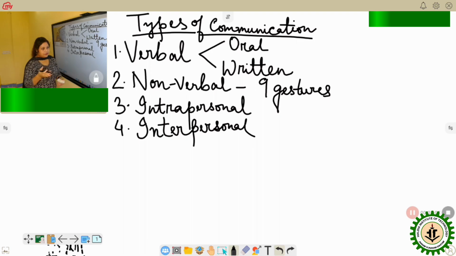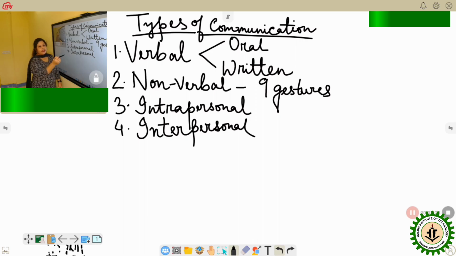Interpersonal communication is very, very easy to understand, because when we are communicating either one to one or one to many, that is the kind of communication that we all do. Interpersonal communication can also be termed as oral communication.